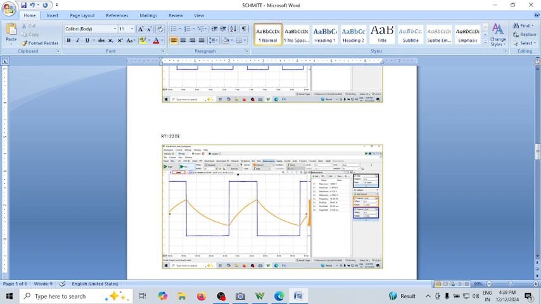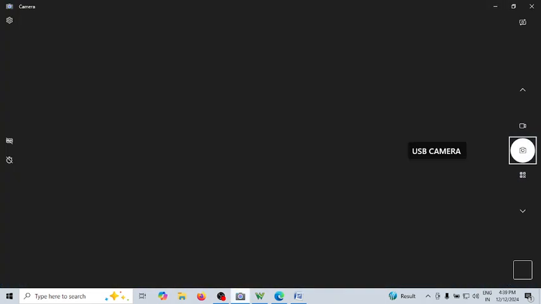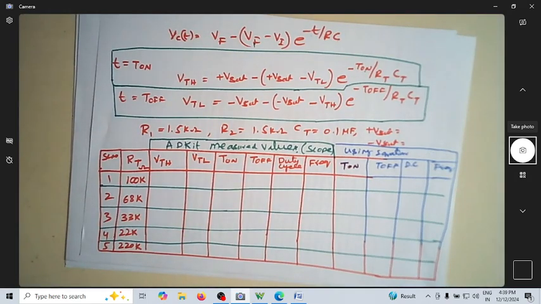Since you have these many readings corresponding to different values of RT, you can now look at the video, and for each and every value of RT you can pause it and note the values of VTH, VTL, T on, T off, duty cycle, and frequency.